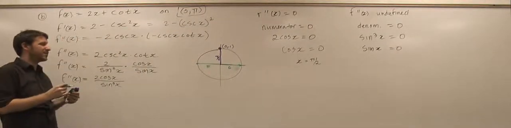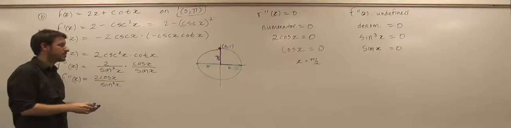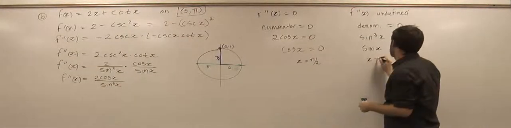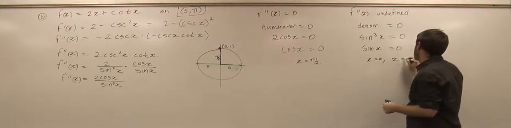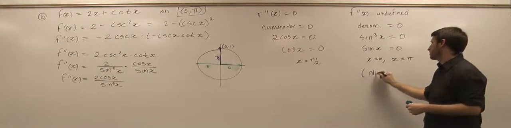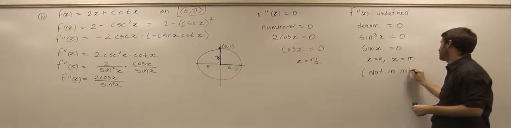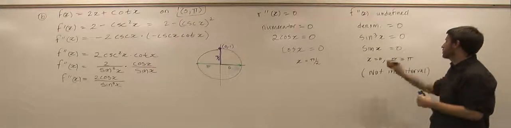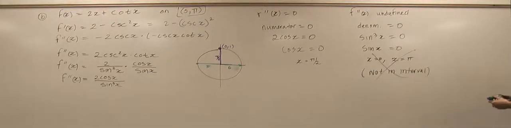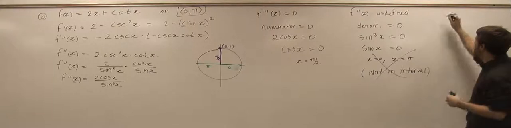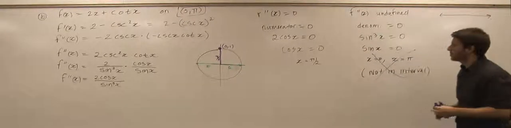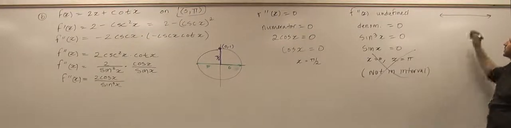Those don't make it in my interval. The only critical number of the derivative, place where f double prime is 0 or undefined, is pi over 2.